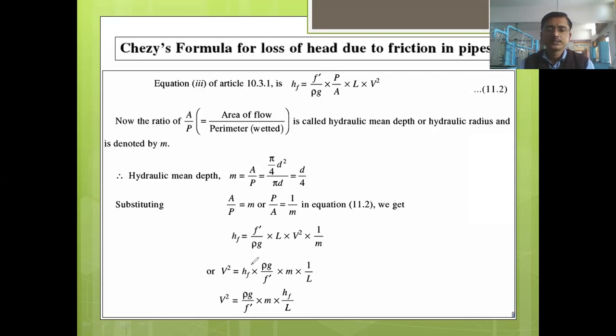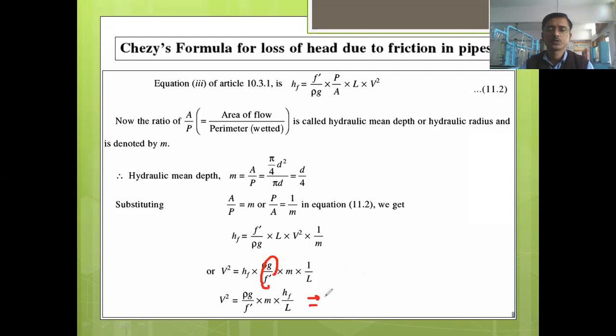Now again rearranging the terms, take hf here, hf upon L. So hf upon L is now the loss of head per unit length. We can call hf upon L the head loss per unit length of the pipe. And this rho g upon f dash I have taken here.